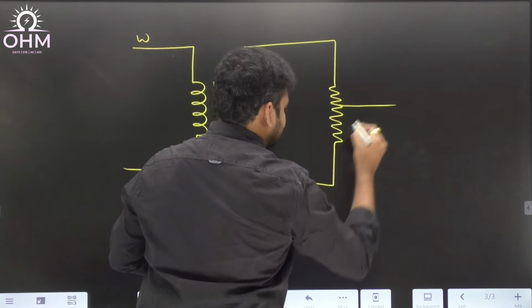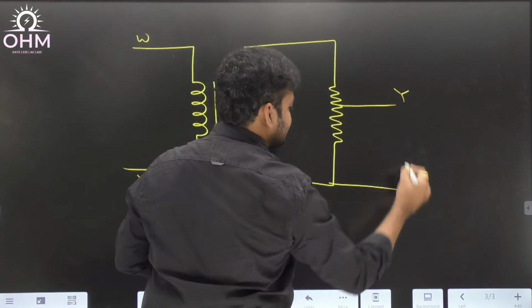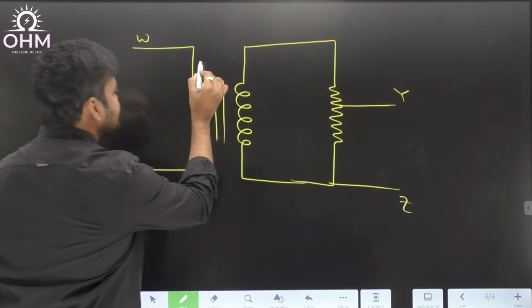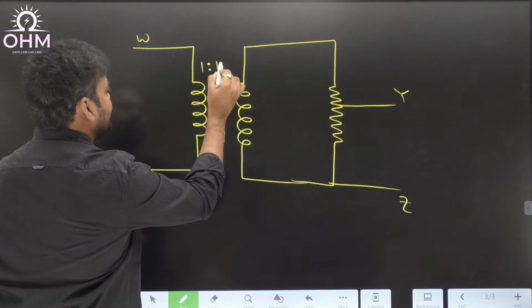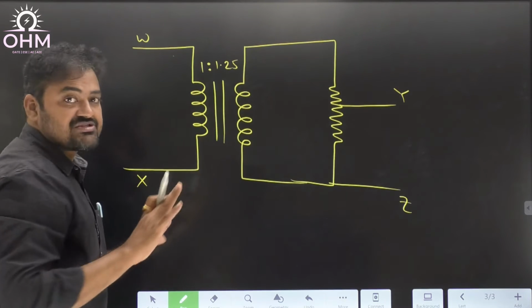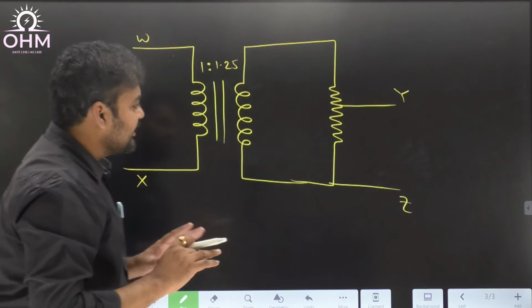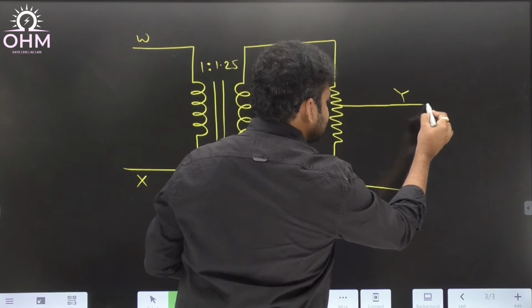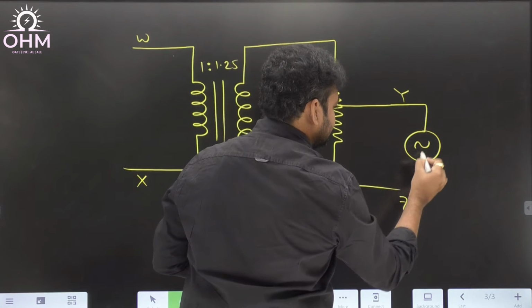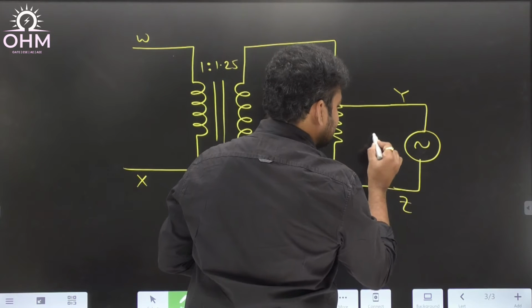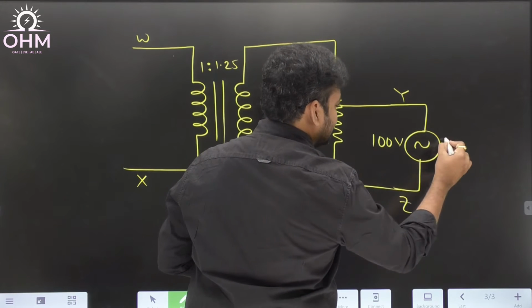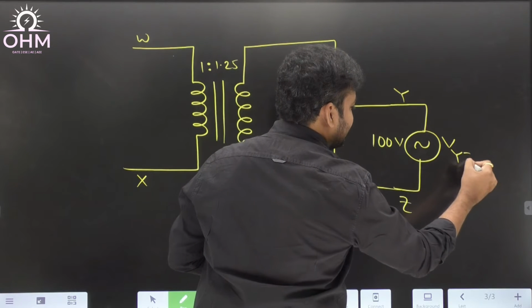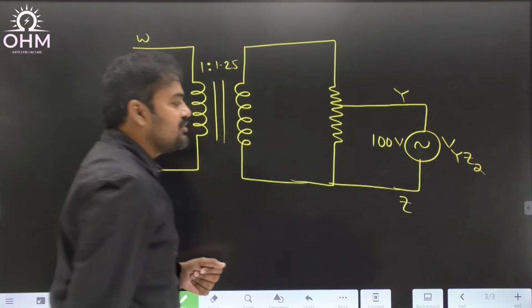There was 80% tapping, and here we have Y and Z, and the turns ratio was 1:1.25. This was the transformer, but this time the voltage was connected across YZ terminals. Here the source was connected. What is the source voltage? Clearly mentioned, 100 volt. This is known as VYZ, second case, YZ2, let's say.